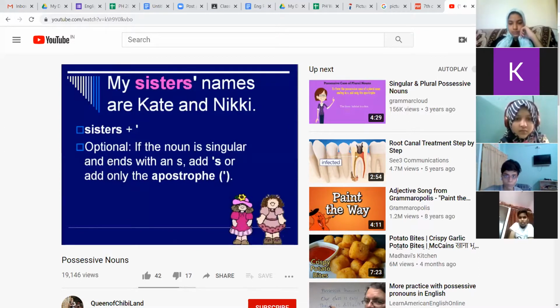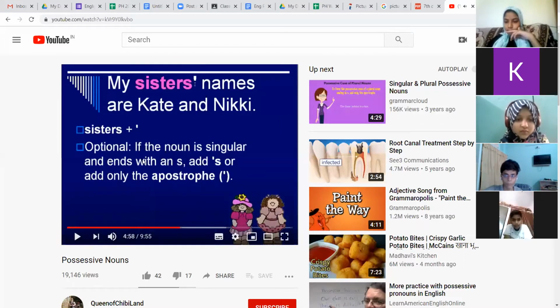Because it ends in an S, we will add the apostrophe after the S. It means we are talking about an already plural word, and this word is already ending with an S. If we add another one, it will not sound correct. So we write sisters and just put an apostrophe without adding an extra S.